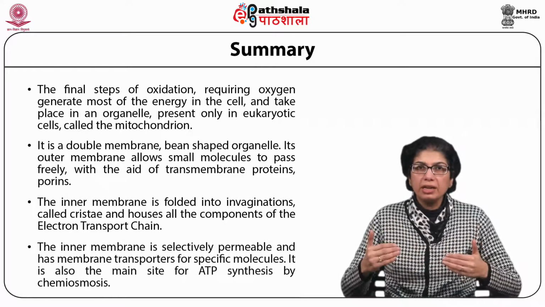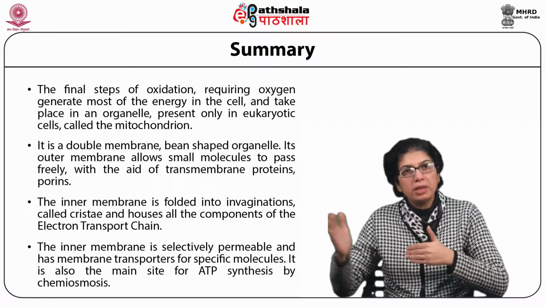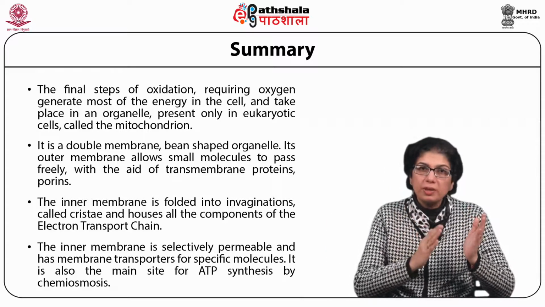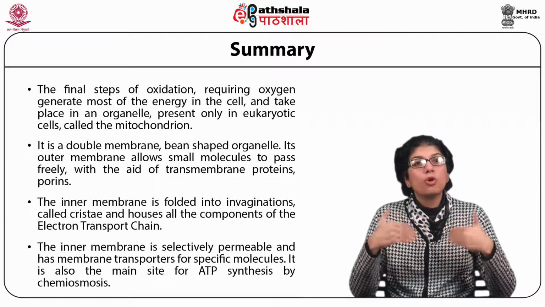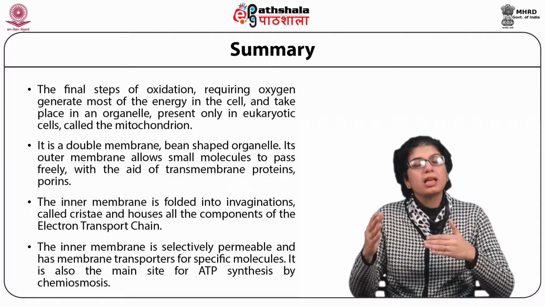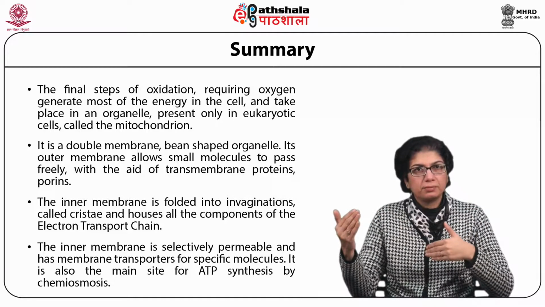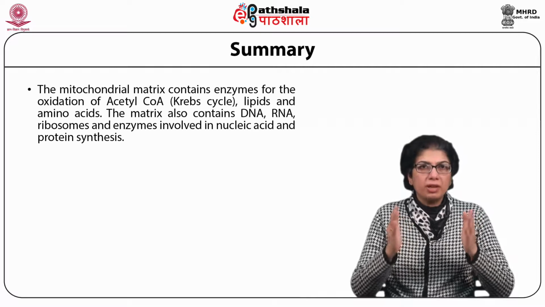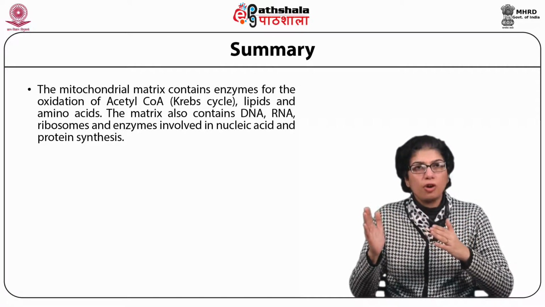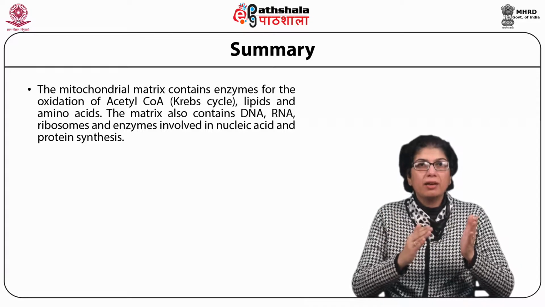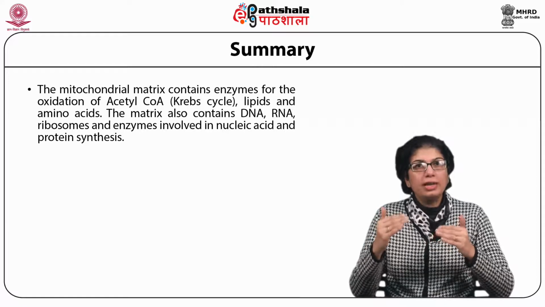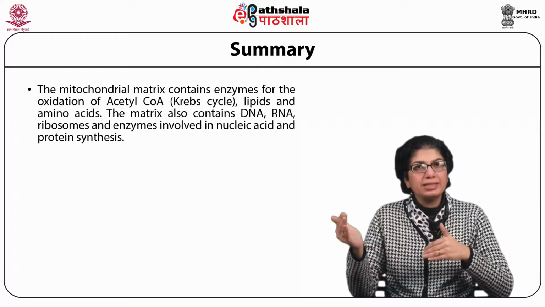The inner membrane is selectively permeable and has membrane transporters for specific molecules. It is also the main site for ATP synthesis by chemiosmosis. The mitochondrial matrix contains enzymes for the oxidation of acetyl-CoA with the help of the Krebs cycle, also lipids and amino acids.